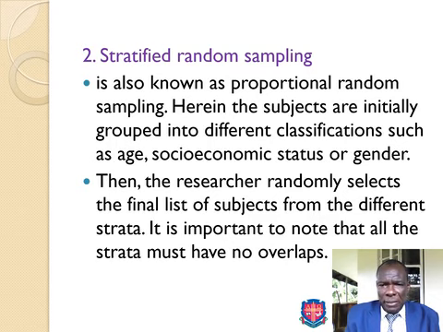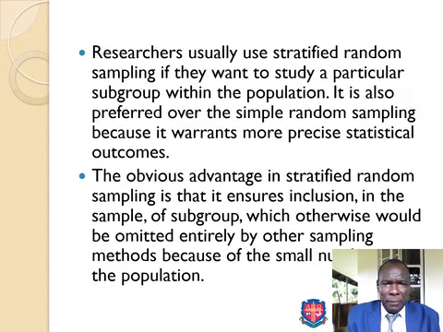It is important to note that all the strata must have no overlaps. Researchers usually use stratified random sampling if they want to study a particular subgroup within the population. It is also preferred over the simple random sampling because it warrants more precise statistical outcomes.